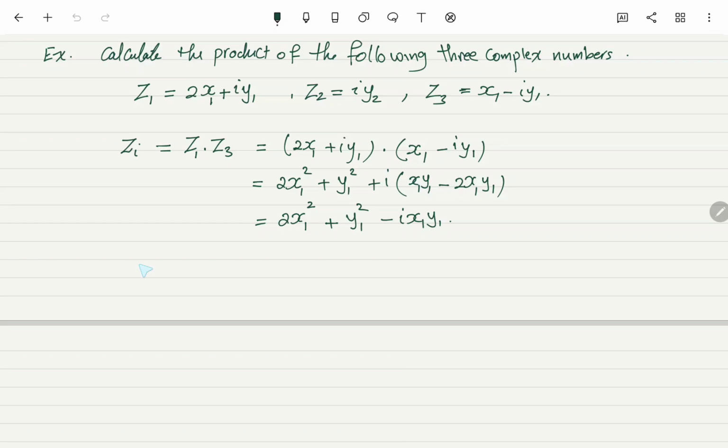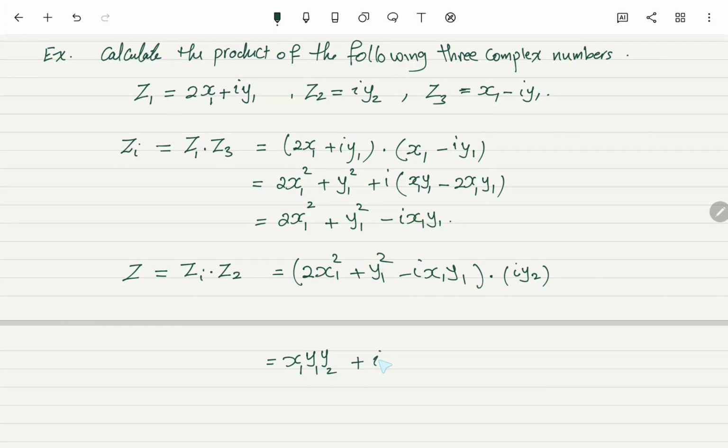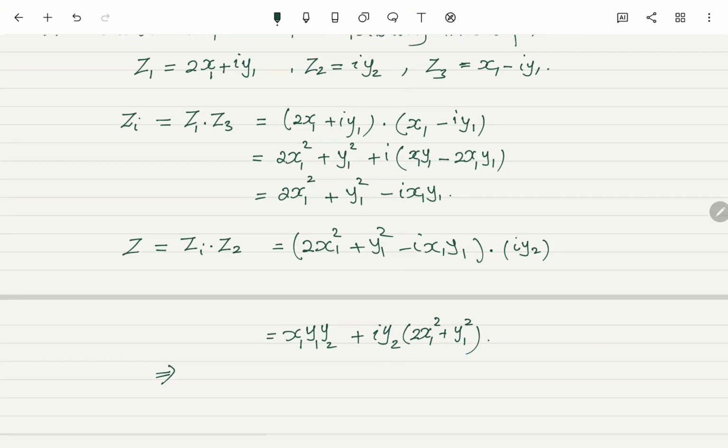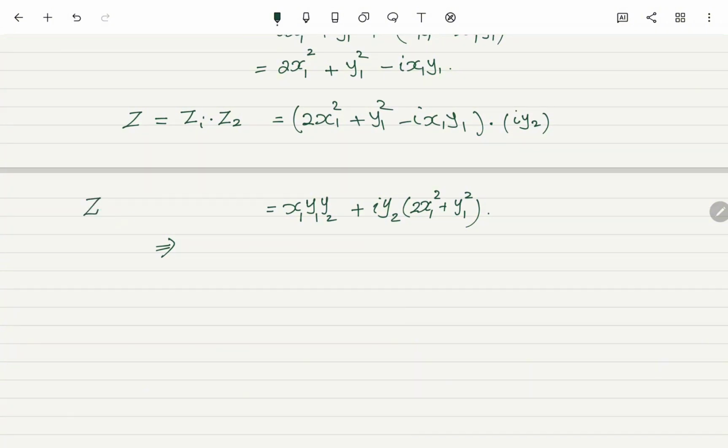Now the final multiplication z is equal to zi multiplied by z2, which equals zi, 2x1 squared plus y1 squared minus i x1 y1, multiplied by i y2, this is z2, and the result equals x1 y1 y2 plus i y2 times (2x1 squared plus y1 squared). Therefore, z here equals z1 z2 z3.